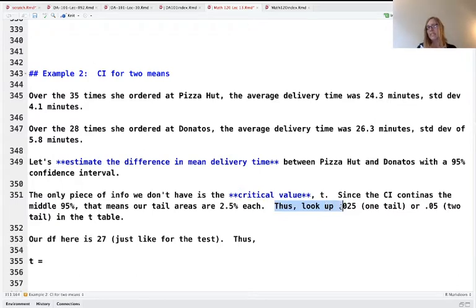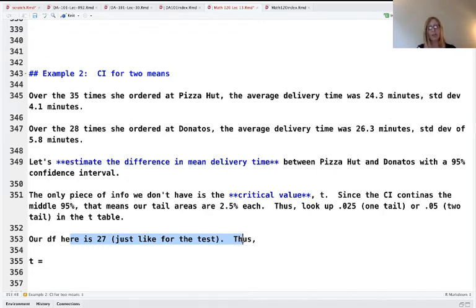So we're going to go to the t-table, and we're going to look up 0.025 on the one tail. That's the same thing as 0.05 for the two tail. And just like before, I'm going to use degrees of freedom 27 because our smaller sample size was 28.